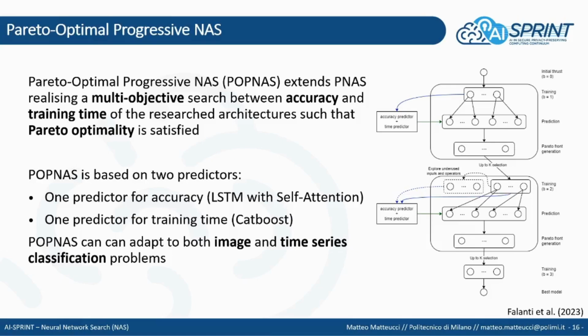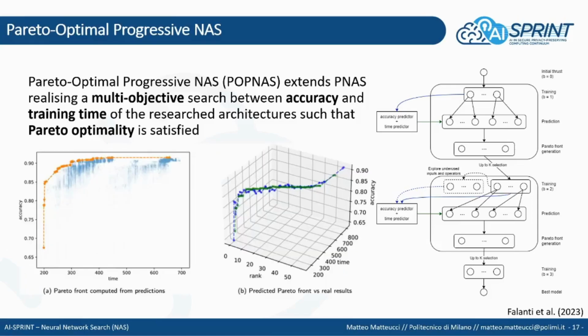By doing this, we are able to find networks that are faster to train, but we are also able to find what is called a Pareto-optimal solution. What does it mean? We find a set of models that we present to the designer with different characteristics in terms of complexity and accuracy, and the designer is able to choose among these.